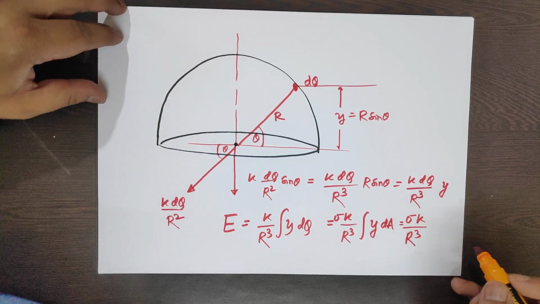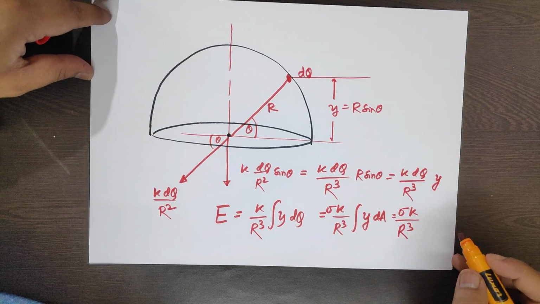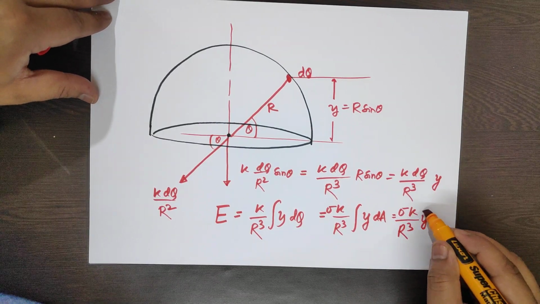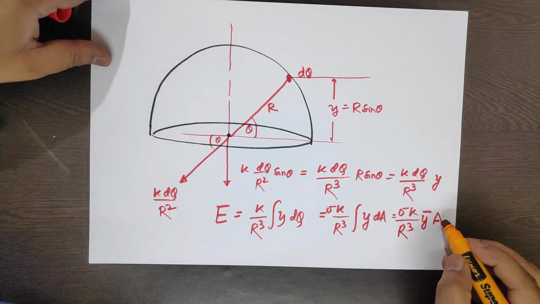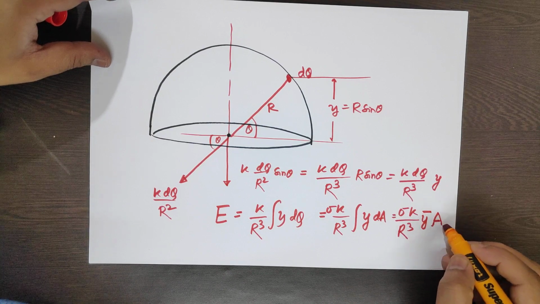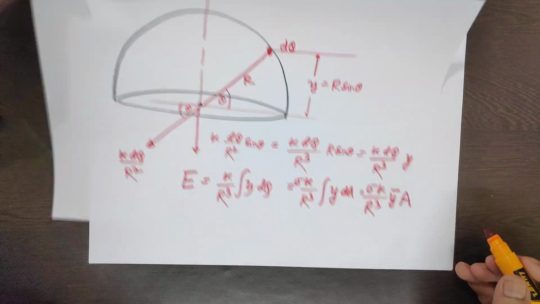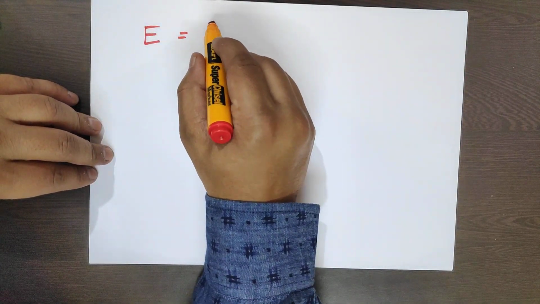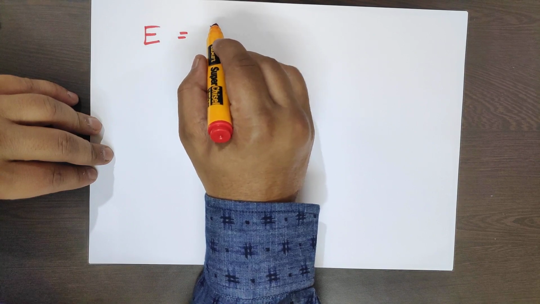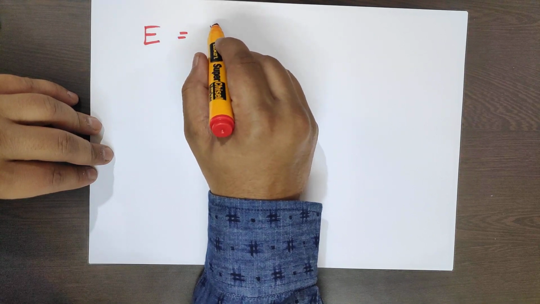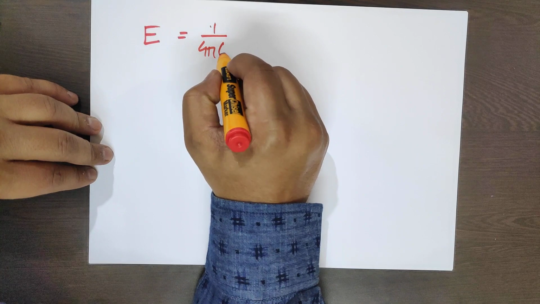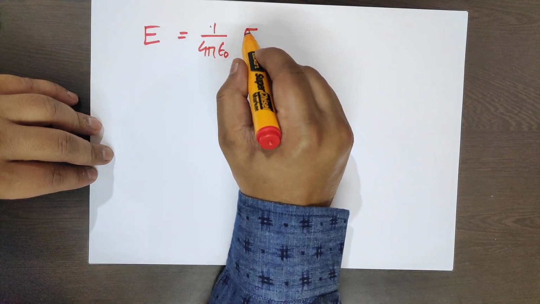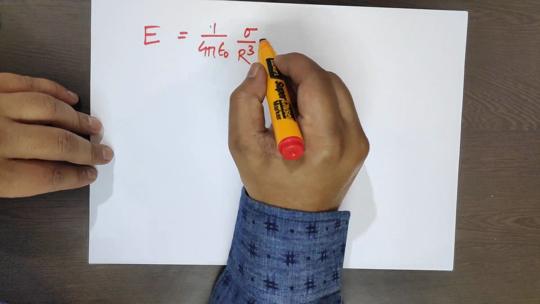Now integration of y dA will be y bar into A. So k is 1 by 4 pi epsilon naught, sigma by r cube.